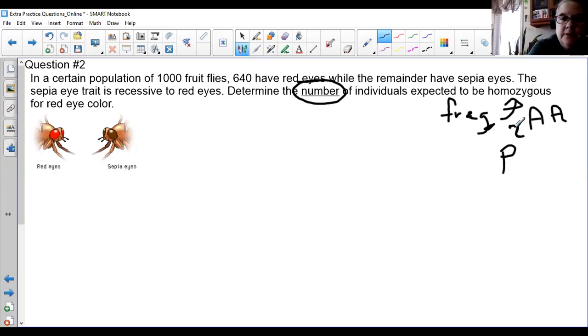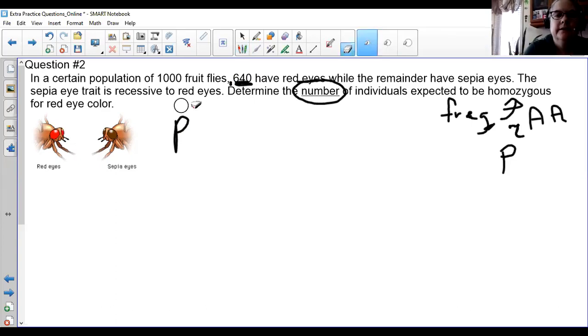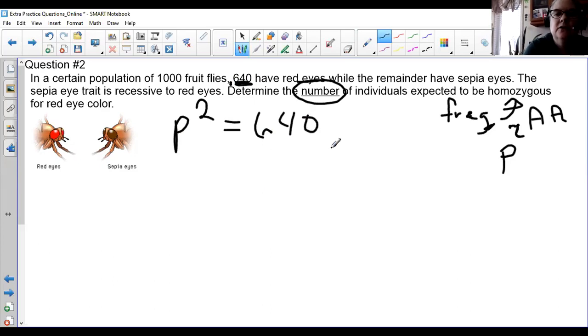What some people do incorrectly for these is they look at it and say, okay, we've got 640 that have the dominant trait. So I'm going to say that p squared equals 640 over 1,000.